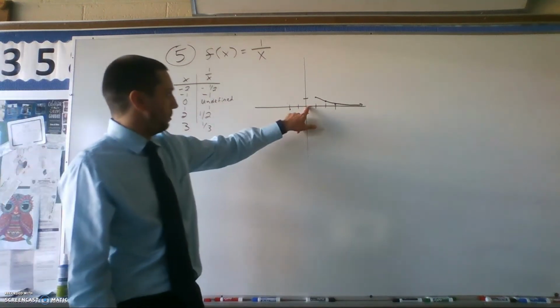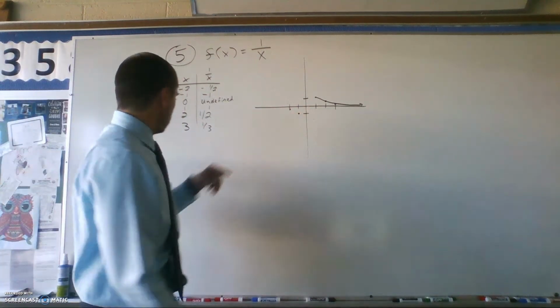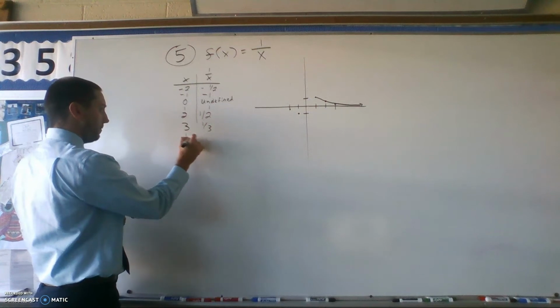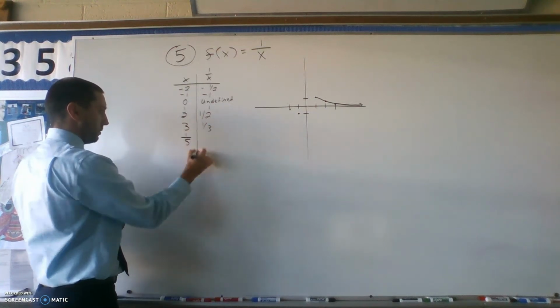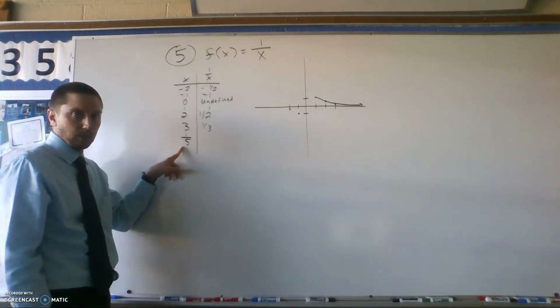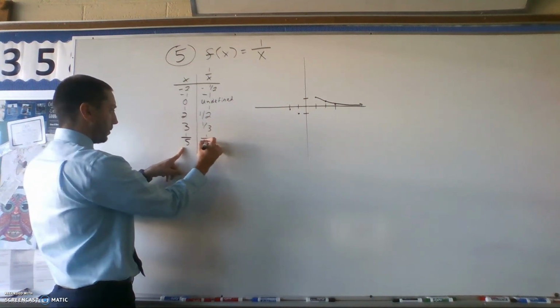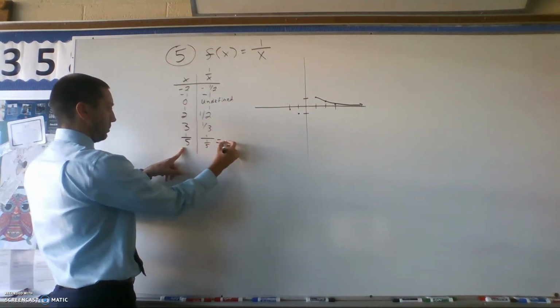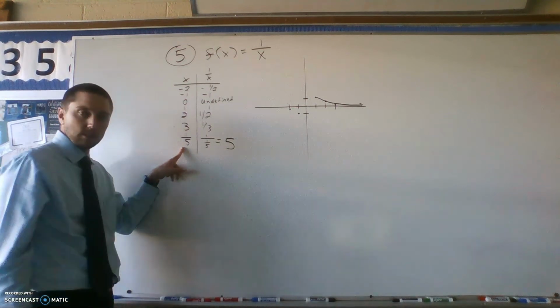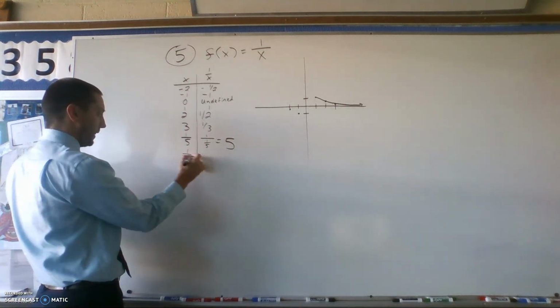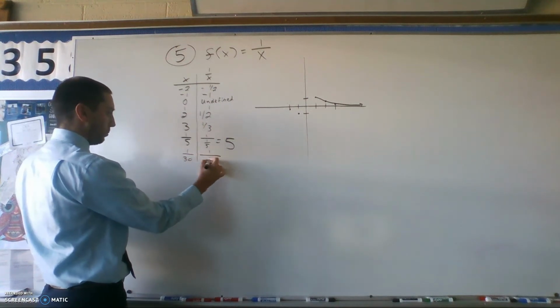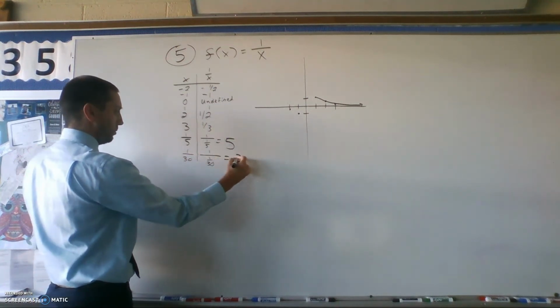What about in between 0 and 1? If I plugged in 1/5, let's say, it'd be 1 over 1/5, which is equal to 5. And if I plugged in 1/30, that'd be 1 over 1/30, which would be equal to 30.